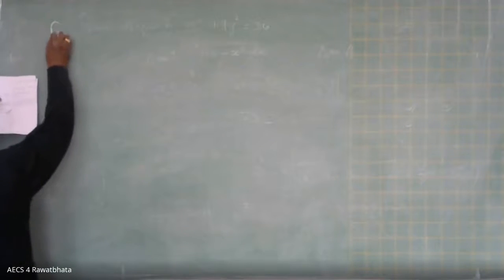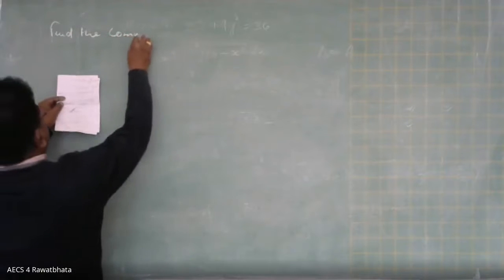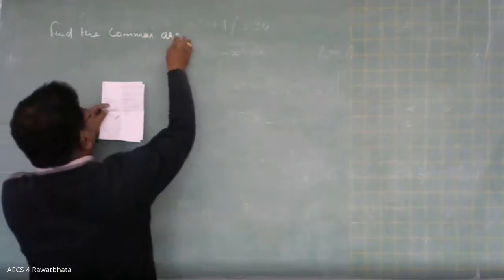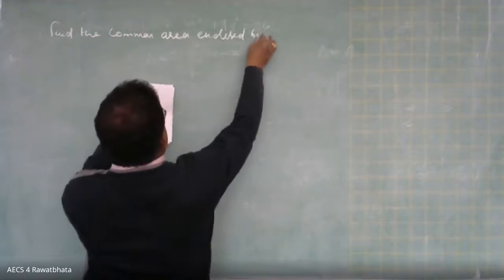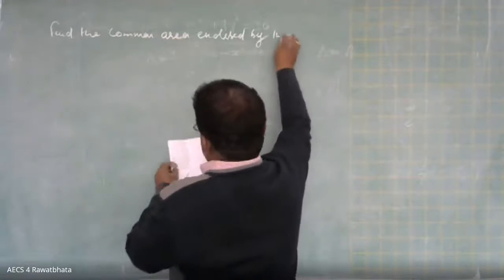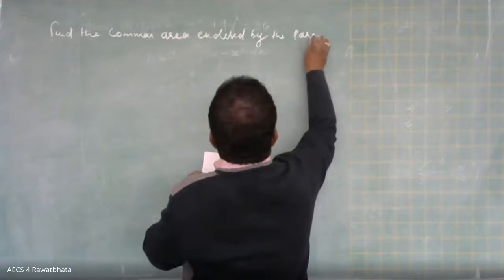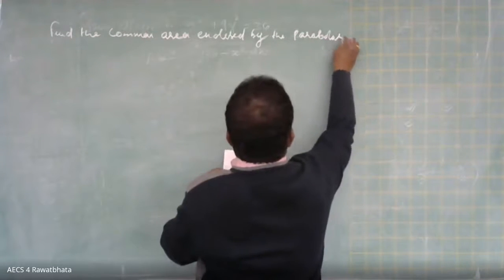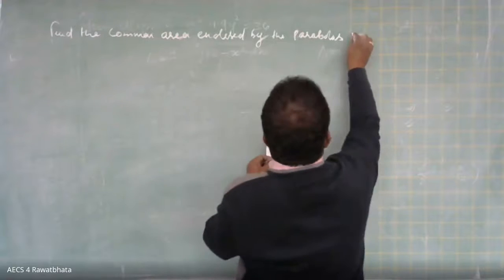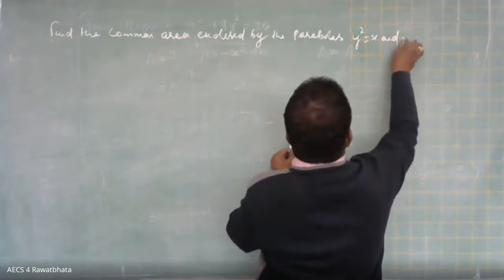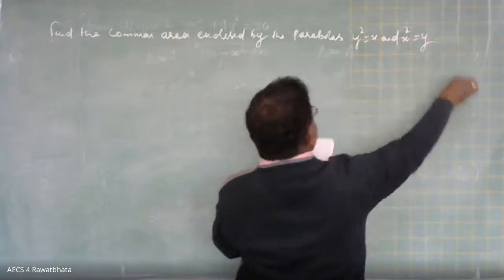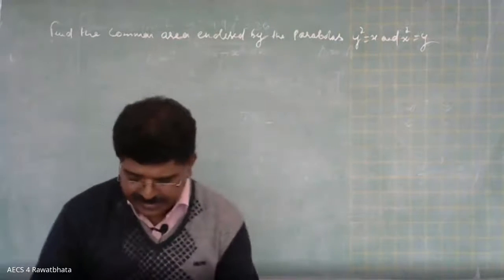So here, find the common area enclosed by the parabolas y squared is x and x squared is y. Very good question.